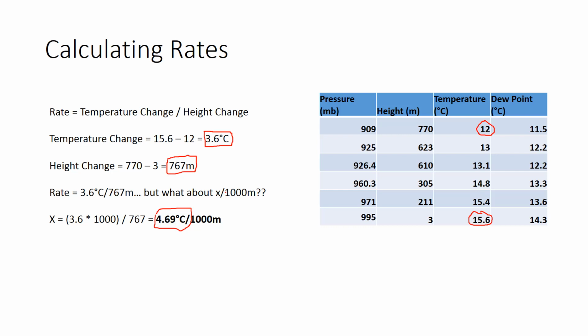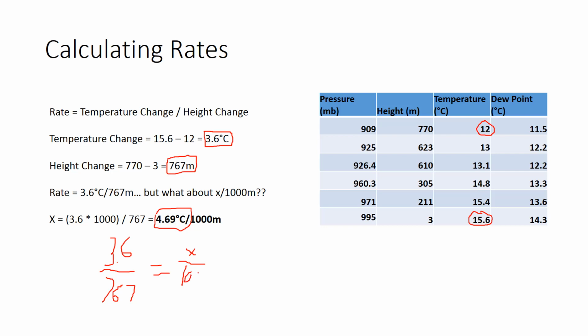And all I did here was just cross multiply. So 3.6 over 767 equals x over 1,000.